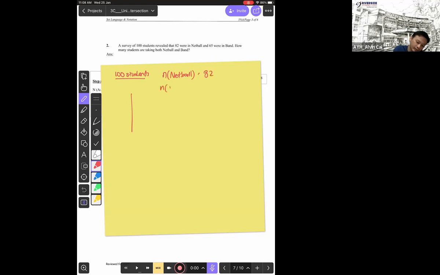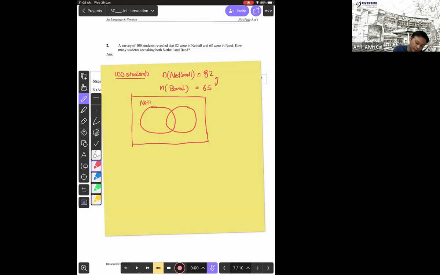The number of people who are in band is 65. If you add these two up, it's very clear that we have more than 100 students. So quite clearly there are some students who have both CCAs. So what we need to do is we're going to write in this manner.